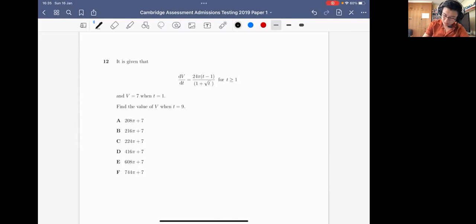Right at the top, notice that 1 plus root t times 1 minus root t is equal to 1 minus t. Difference of squares.